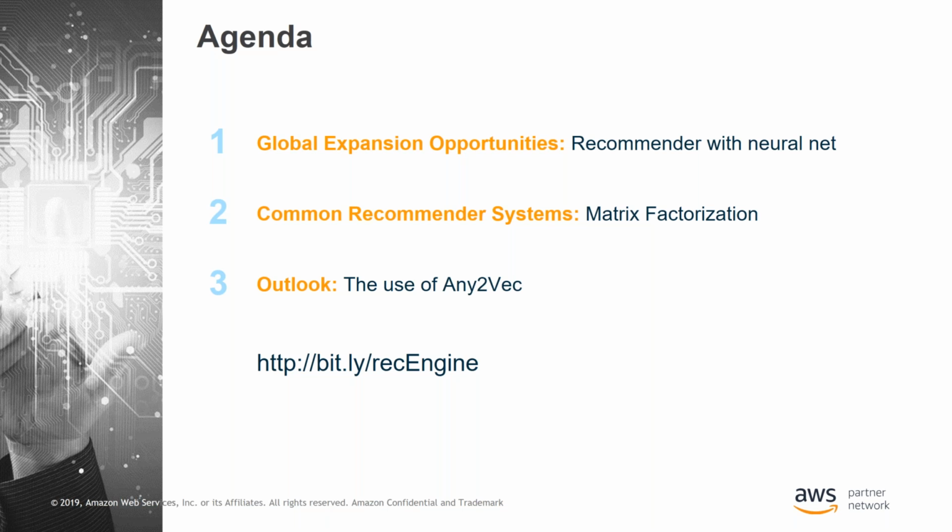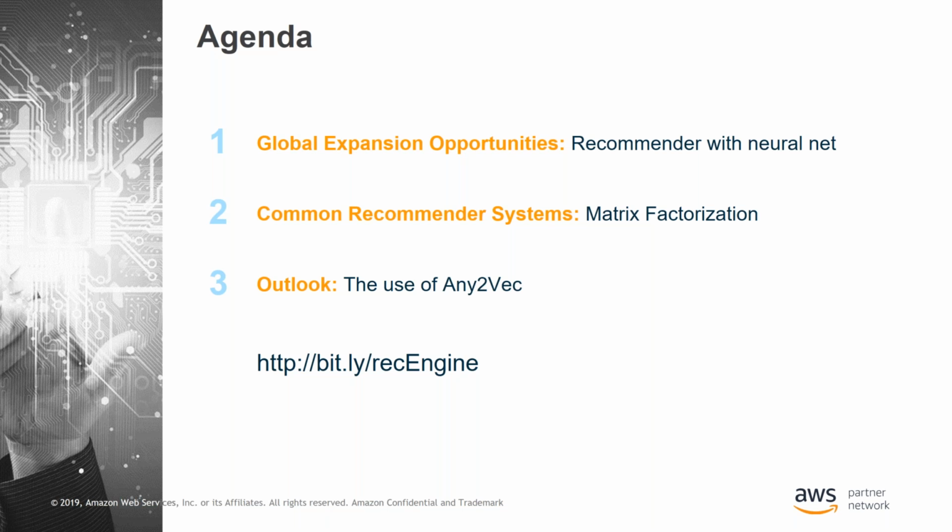Starting at the top, we're going to talk about what is the problem. If you've been in any of my workshops, you'll know that I always start every machine learning problem with a clear identification of what the business problem is. We're going to do that here. We're going to take a look at a particular problem of expanding global opportunities for our vendors who sell on the Amazon retail site.